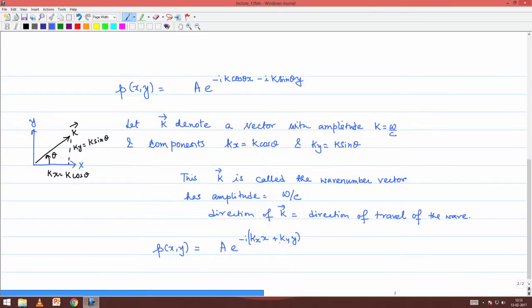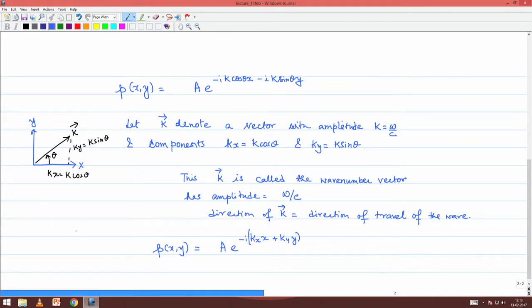Any two k x and k y will give a two dimensional wave if they satisfy the condition k x square plus k y square is equal to omega square by c square, because k x and k y are the components of the wave number vector along the direction of x and y, but the amplitude of this wave number vector is constrained at the value of omega by c. So, k x and k y cannot be arbitrarily chosen; they have to be such that k x square plus k y square is k square, which is omega square by c square.